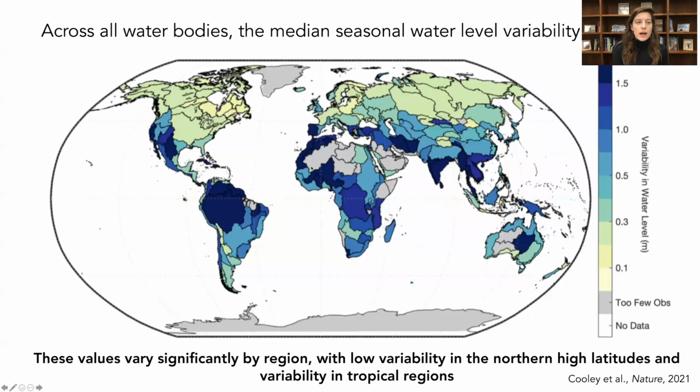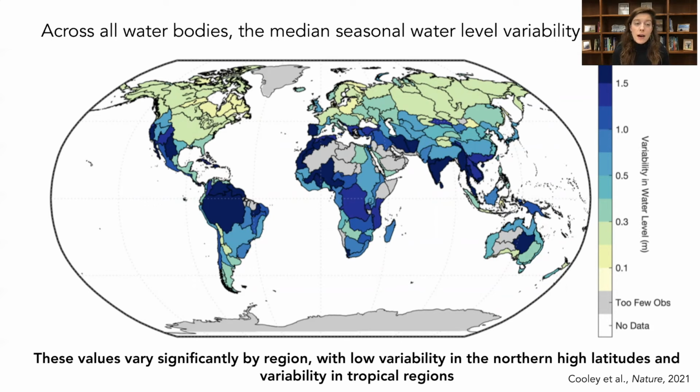So when we analyze this data across the entire world and put it together by water basin, by hydrologic basin, what we find is that the median variability in water level is 0.23 meters. But of course, these values vary quite significantly by region. We see pretty low variability, as you might expect, in the northern high latitudes.